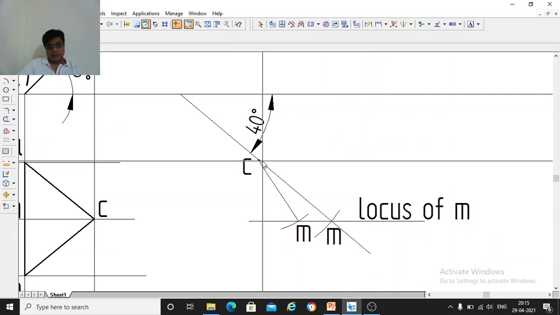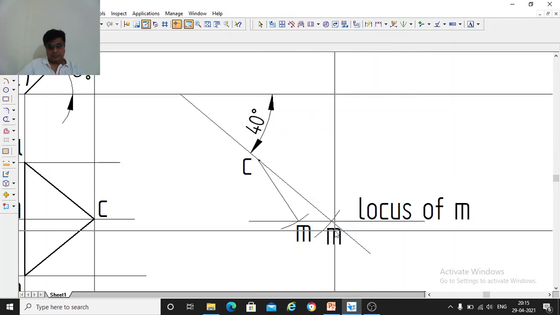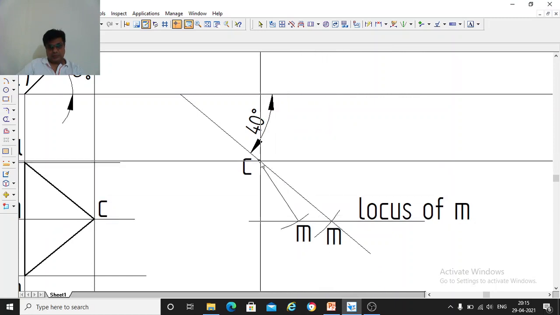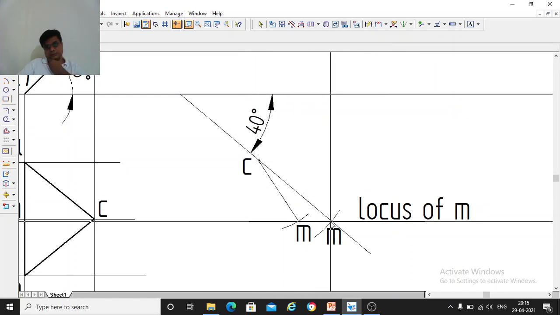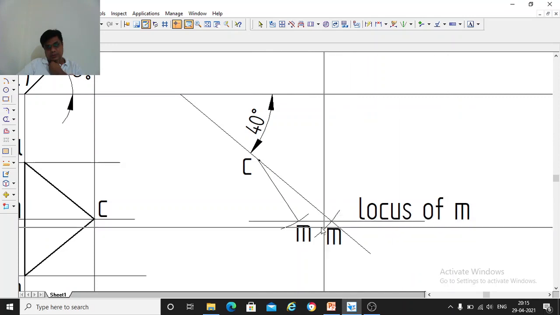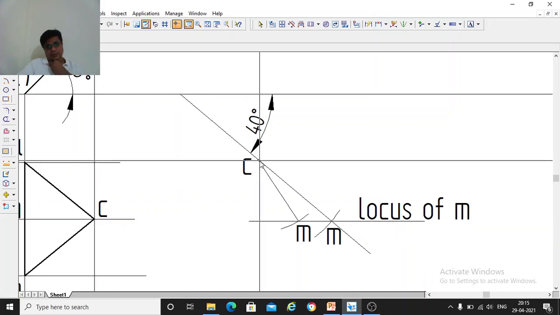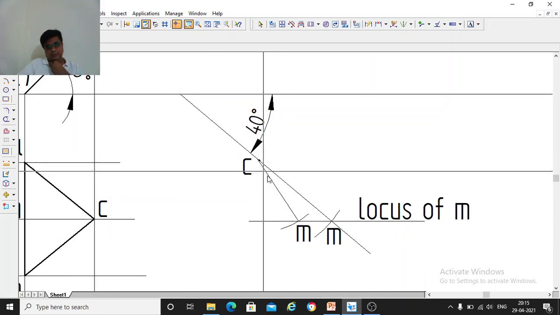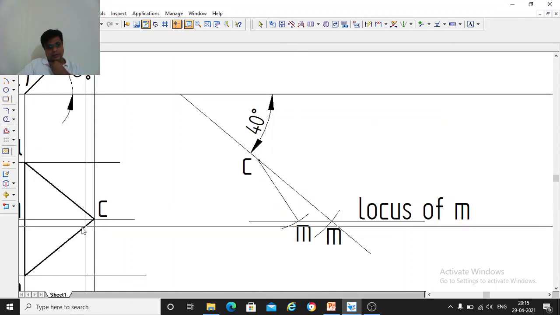So you can see here you have two lengths CM and CM. This CM which is on the 40 degree line is the true length. From this point you should draw the locus line, and this CM, that is the apparent length, the reduced length, is this median now. So now you should construct this triangle.